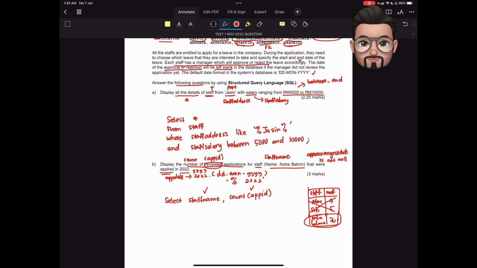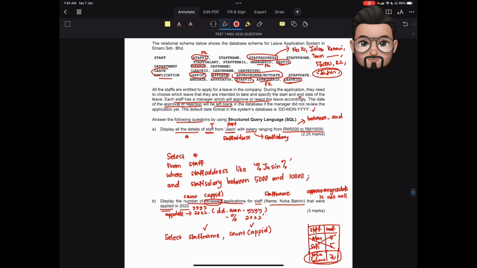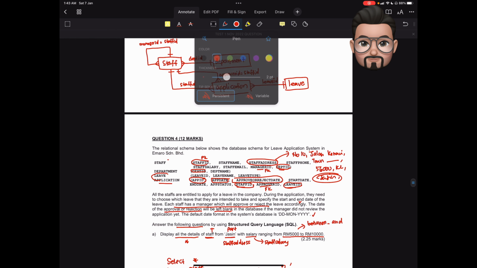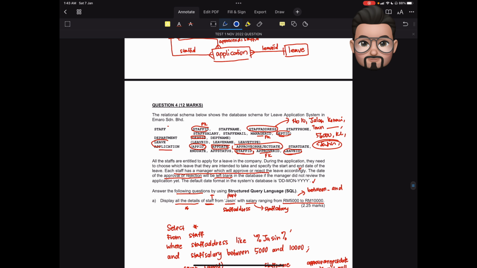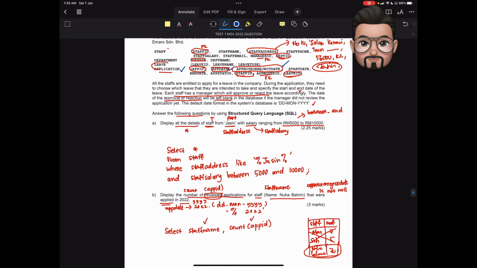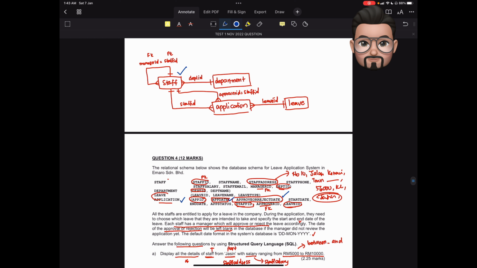Okay, so now if you take a look over here, staff name is coming from staff, and the approve reject date, the app date is all coming from application. The app ID is also coming from application. So means we want to make sure that it is between staff and application. So what connects staff and application? This relationship. Staff ID over here.